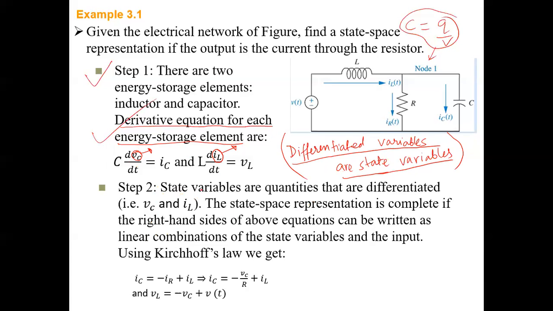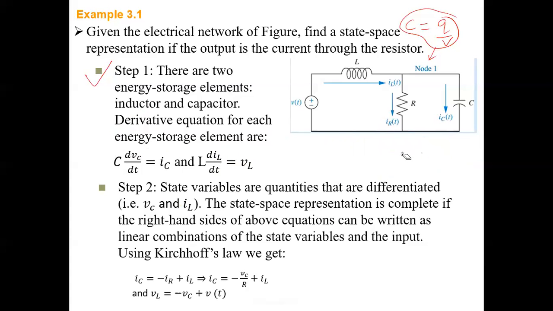So our state variables are VC and IL. Now we know these are state variables and anything else is not, because you don't need more than two state variables. Why? Because you have two energy storage elements, so your equation is second order, meaning you don't need more than two.